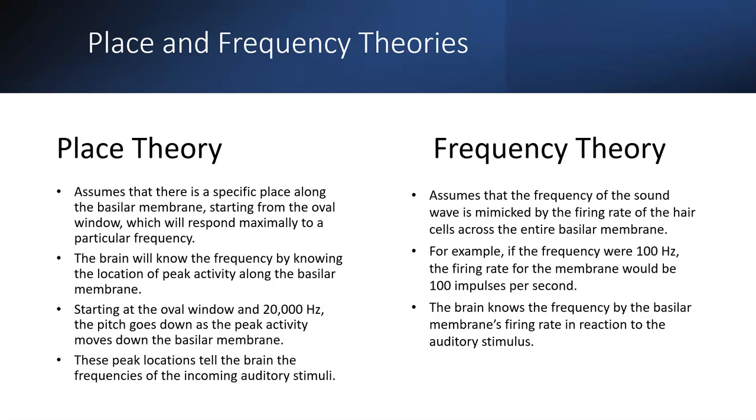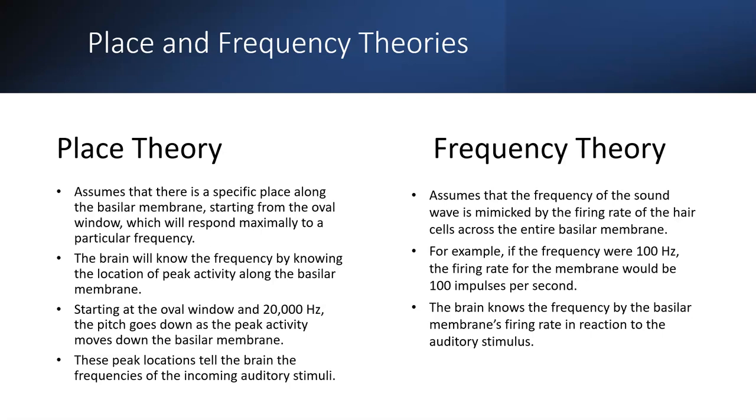The frequency theory is built differently. It assumes that a sound that comes in is going to have a particular frequency. And that sound wave is going to be mimicked by the firing rate of the hair cells across the basilar membrane. So the example your authors give you, if the frequency was 100 hertz, the firing rate of the cells on the membrane would be 100 impulses per second.